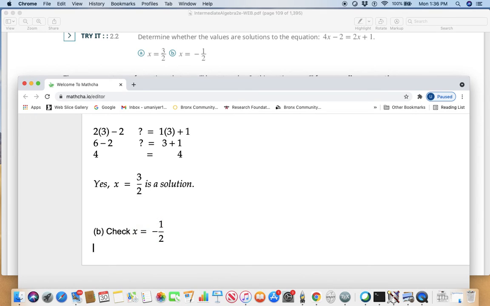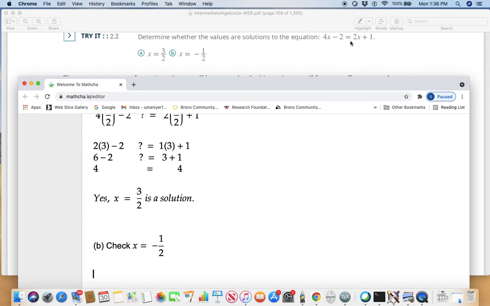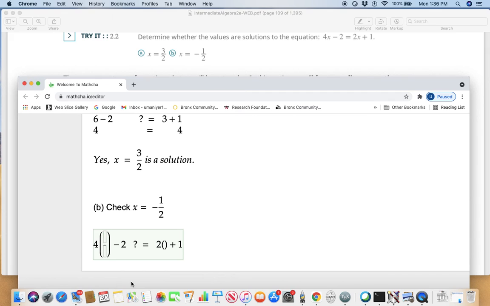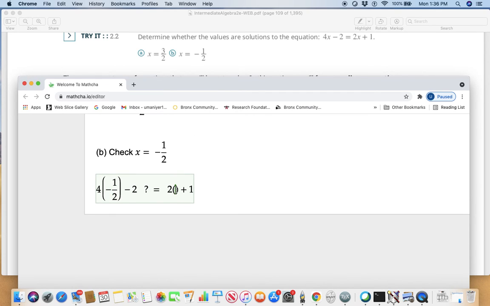Well, same procedure. You're looking at this equation. So wherever you see variable, place parentheses first. And you want to check equality, 2 parentheses plus 1. Now parentheses becomes fraction 1 over 2 with a negative.